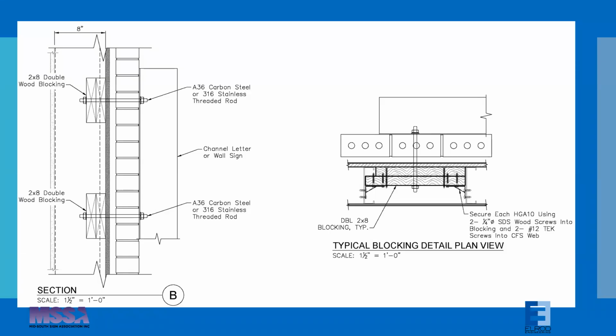Wanted to show this example as typical for brick walls. As I mentioned with the canopies, rarely do you get to just attach the sign to the brick unless it's really, really lightweight. So maybe one of those face cut letters or something you might be able to apply directly to the brick without having to penetrate into the building.